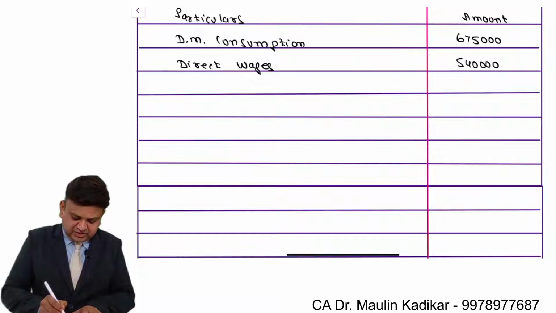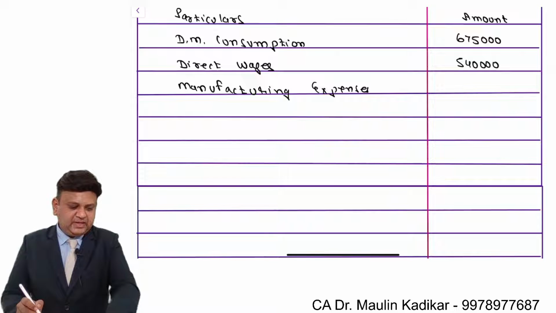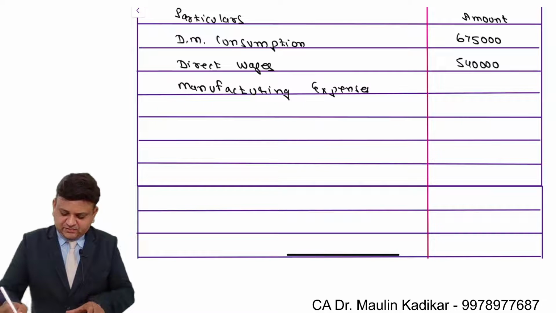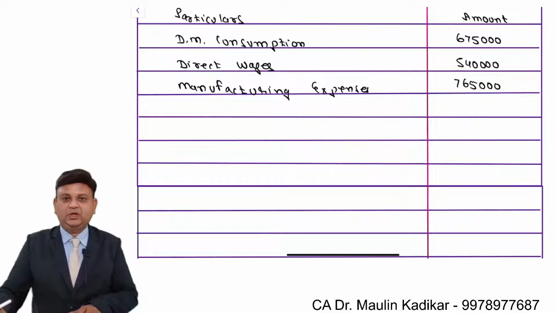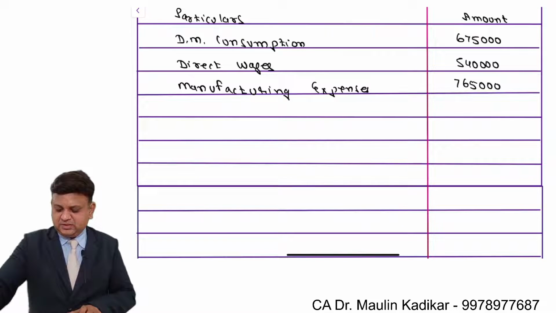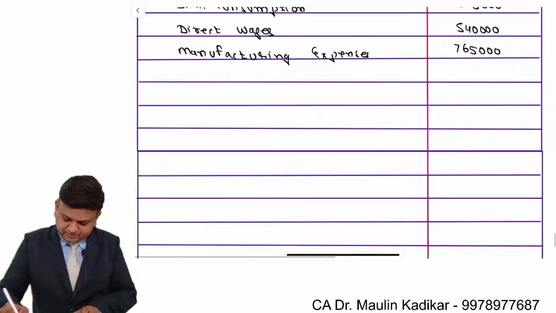Then manufacturing expenses. It is provided as 7,65,000. So I request all of you to use your calculator. 675 plus 540 plus 7,65,000 comes to 19,80,000.